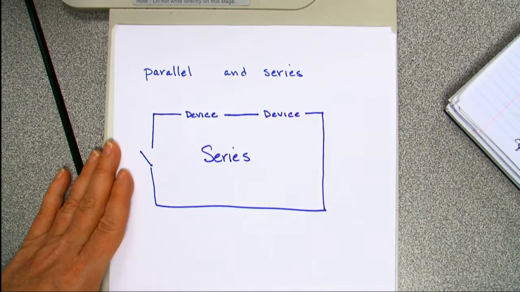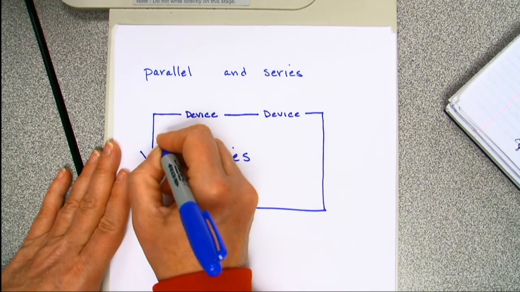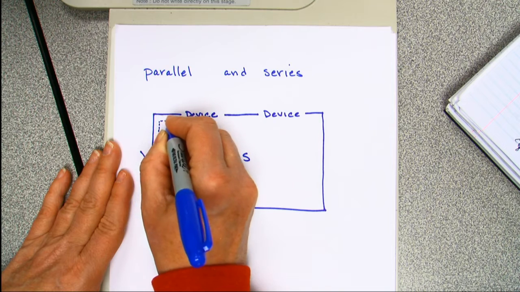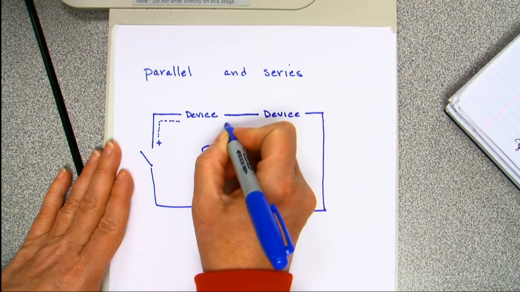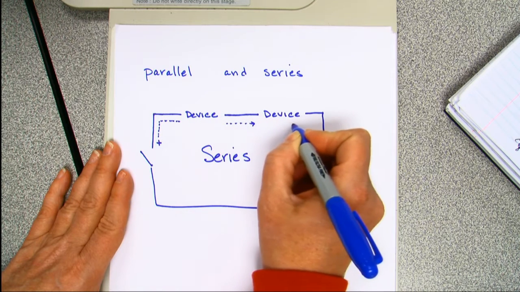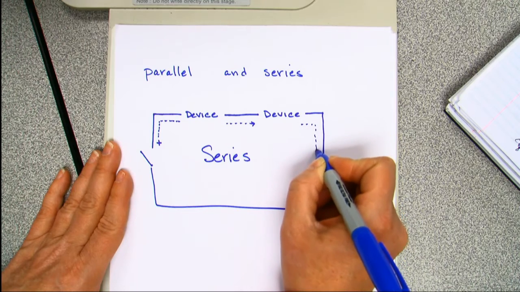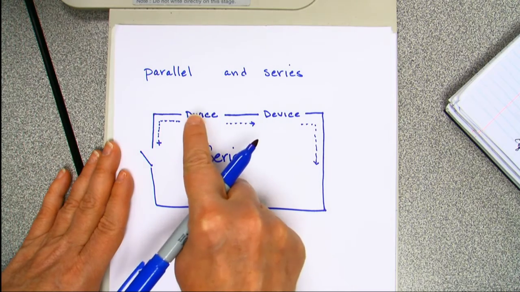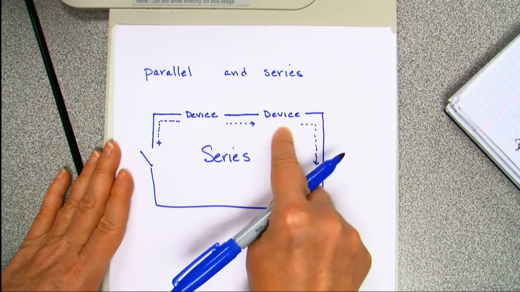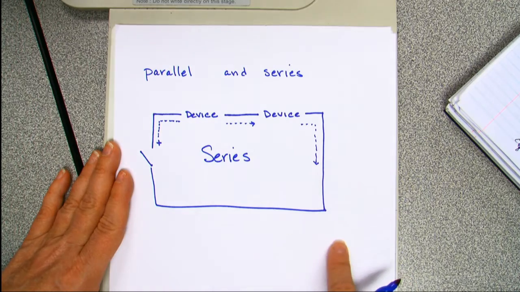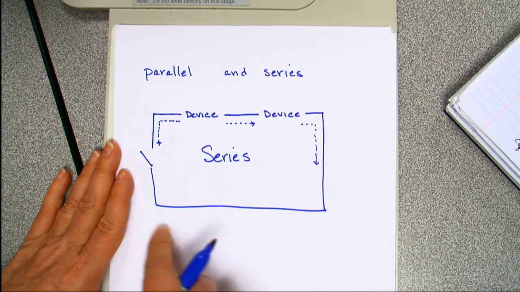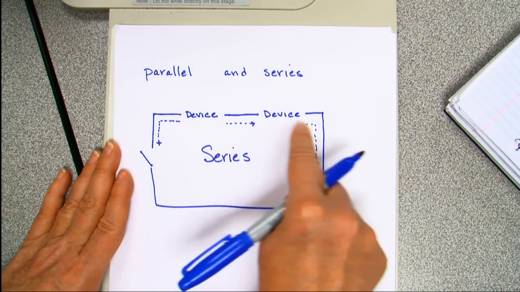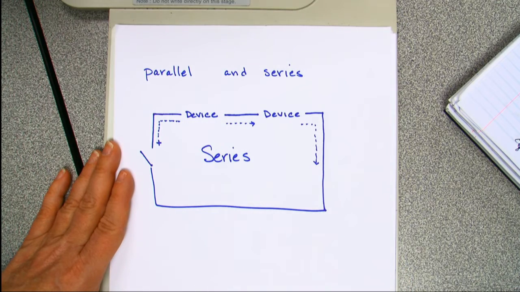And if you think about my little positive charge, my positive charge has to travel through here, go through this device, go through that device, and then comes around my circuit. So in series means I've got to do step 1, step 2, step 3, step 4, step 5, step 6, and it's going to travel through the device just like that.